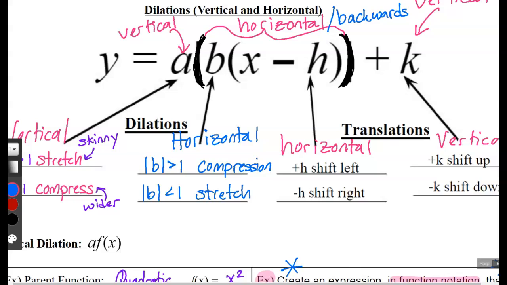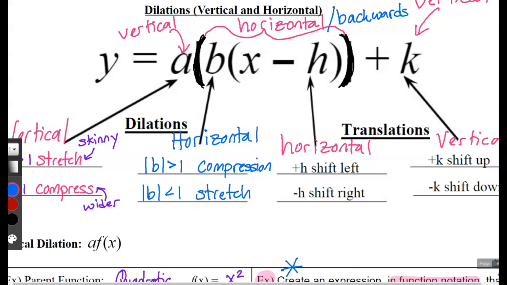Now, on the horizontal this time, which is which axis? Take a look at me. On the x-axis, I'm horizontally stretching and compressing. So if I'm taking my horizontal axis and I'm compressing, did my graph just get skinnier or wider?